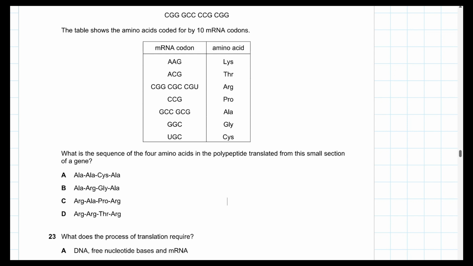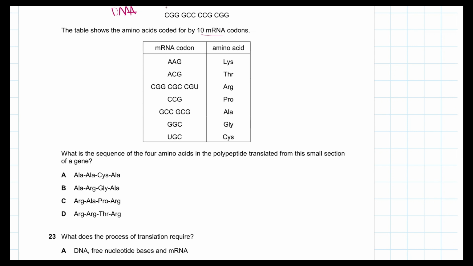Question number 22. What is the sequence of 4 amino acids in the polypeptide translated from the small section of the gene? So this is an actual transcribed strand of the gene. Therefore, this is DNA. Therefore, we want to convert this DNA to mRNA codons.